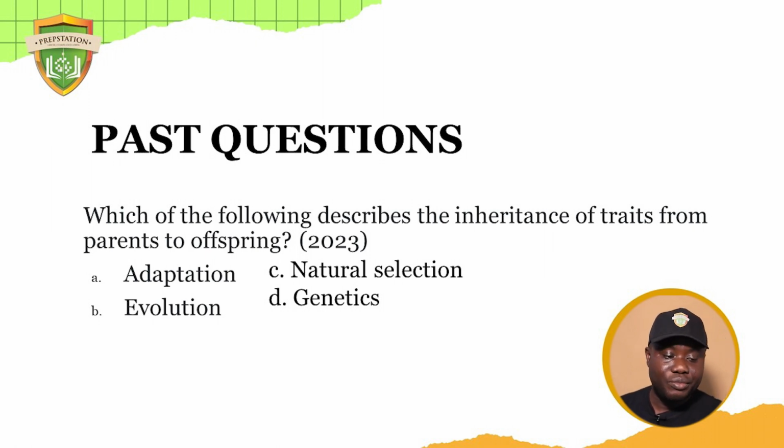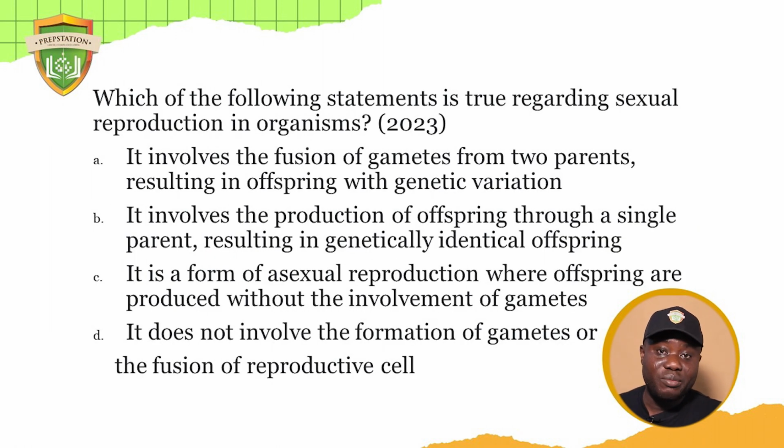Then number 2 says: which of the following statements is true regarding sexual reproduction in organisms? A, it involves the fusion of gametes from two parents, resulting in offspring with genetic variation.